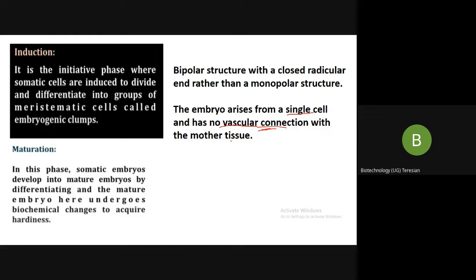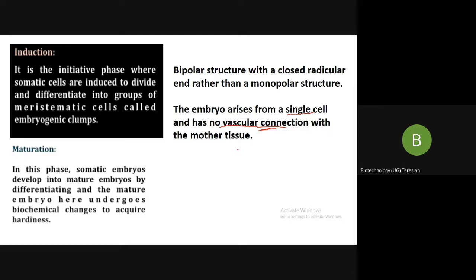Okay, this point you have to remember. That is, they do not have a vascular system connecting them with their parent plant body, and hence I told you that they are not an organ of the plant. Indeed, these are embryos which are going to develop into a new plant, hence they have no vascular connection.